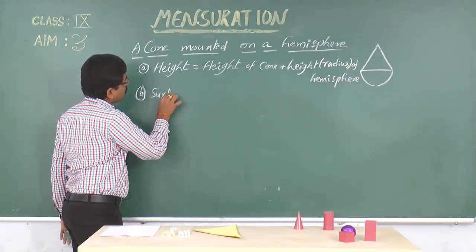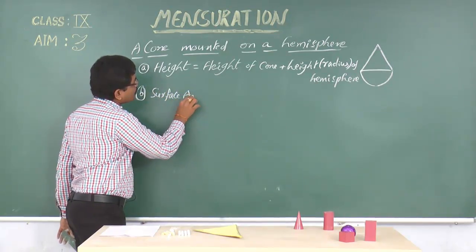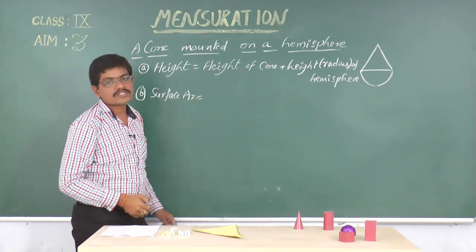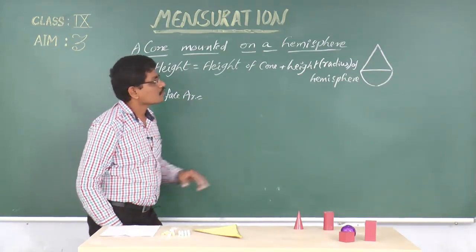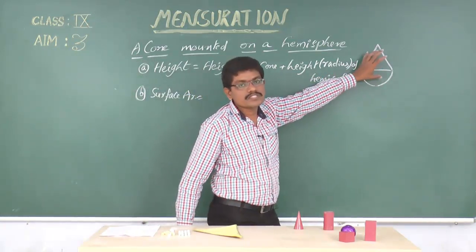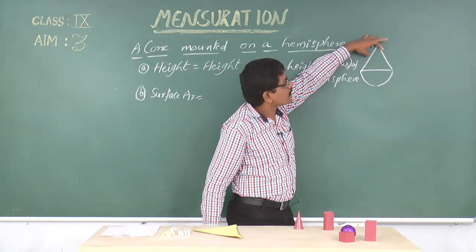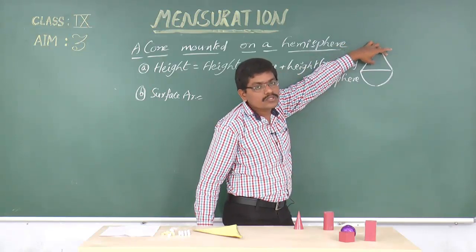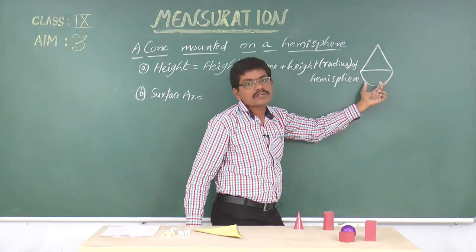Okay, next, surface area. To find the surface area of this solid, we have to take CSA of cone plus CSA of hemisphere.